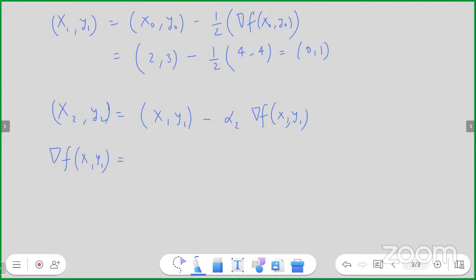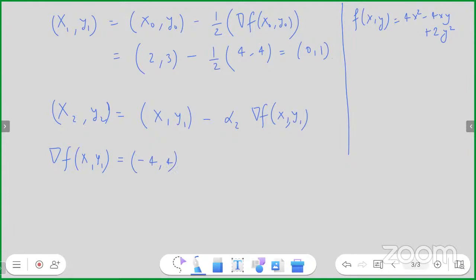Now the new point is 0, 1. The function we have is f of x, y equal to 4x squared minus 4xy plus 2y squared. So what will be my derivative at x1, y1? It will be minus 4, 4.